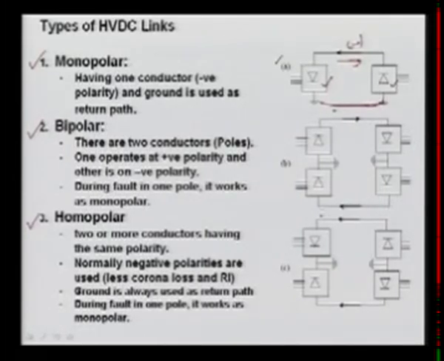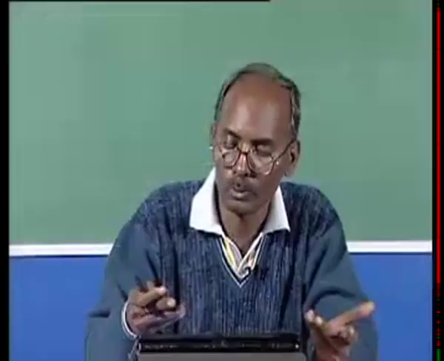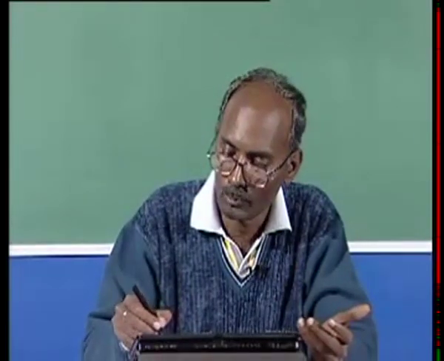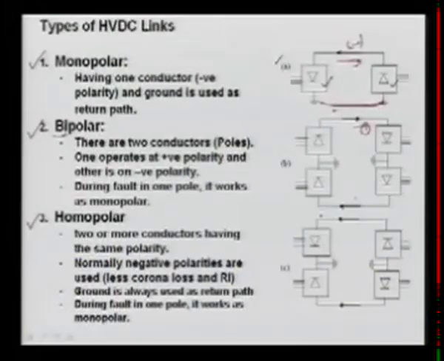Another is your bipolar. In the bipolar, again the name is bi, meaning two poles. Here we have pole 1 and pole 2. There are two conductors, two poles. One pole operates as positive and another operates as negative.